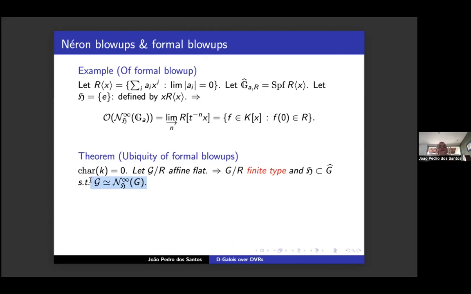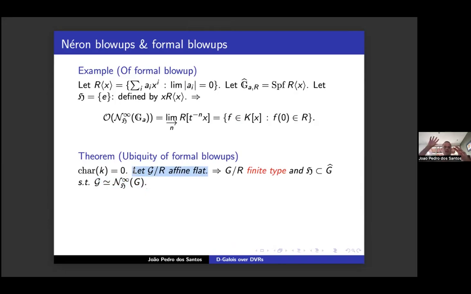So it's basically saying that no matter how ugly your group scheme is, not of finite type, very, very complicated, you can start from something which is of finite type. Here, of course, I forgot a very natural point, which is that I have to have a flat affine group with a generic fiber which is algebraic.